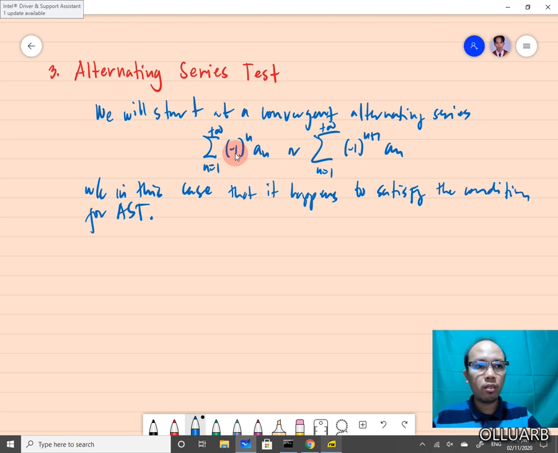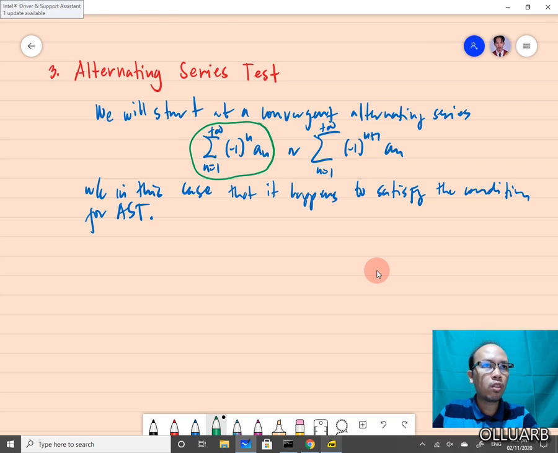Okay, so again, let's wait for the program to load. Notice that we have two notations here. So in this discussion we will be using this notation. Okay, that one. And then as with the previous discussion, we want to know how good an estimation of the actual series value is with the partial sum s sub n.